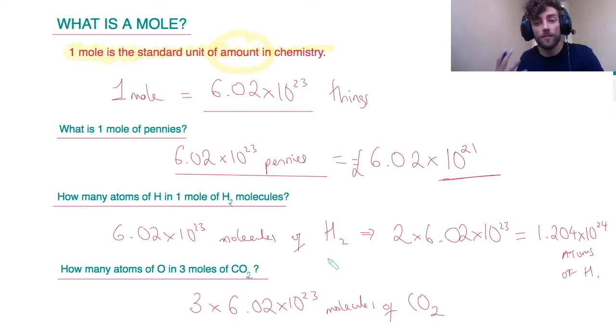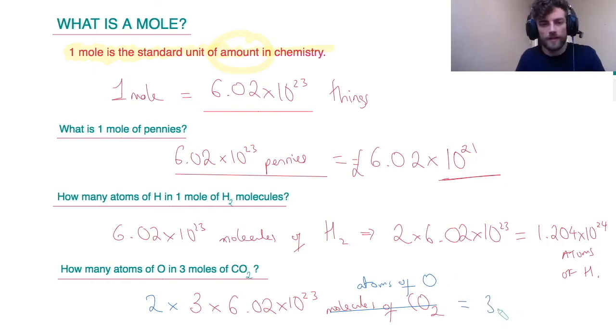So if I wanted the number of oxygen atoms present, I simply need to times this total by 2. And instead of having the molecules of carbon dioxide, I have the atoms of oxygen present. Once again, if I put that in my calculator, I get 3.612 times 10 to the 24 atoms of oxygen.